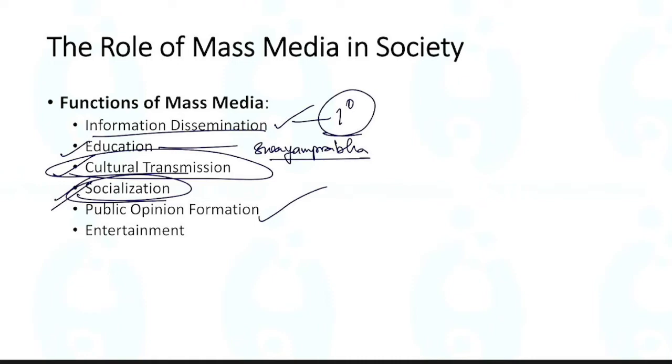These influencers could not do that unless they had Instagram or Facebook or Twitter or YouTube or whatever. Mass media helps them in sharing their opinion, and when they share, others can listen to it and formulate their own opinion based on that.